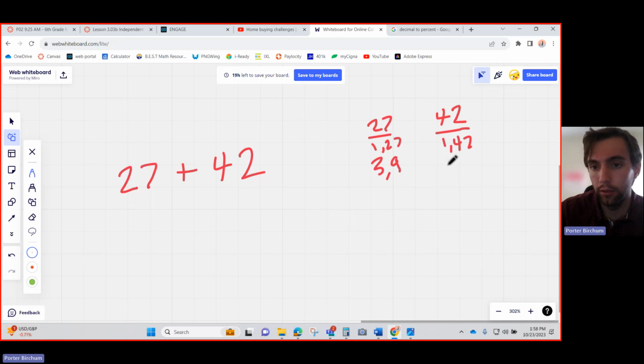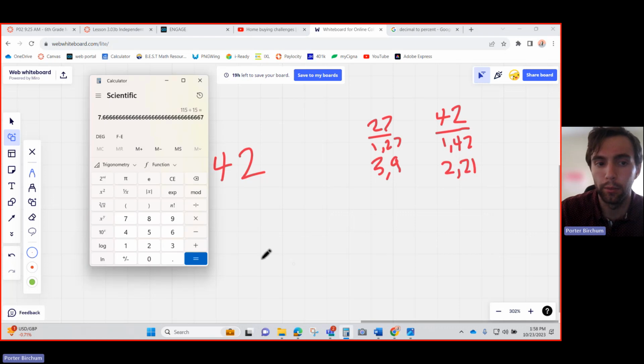About 42. Oh, it's an even number, so I know 2 goes into 42. 2 times 21 is 42, because half of 4 is 2, half of 2 is 1, 21. I think 42 has some other factor pairs.